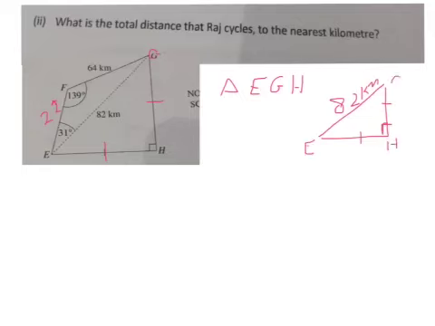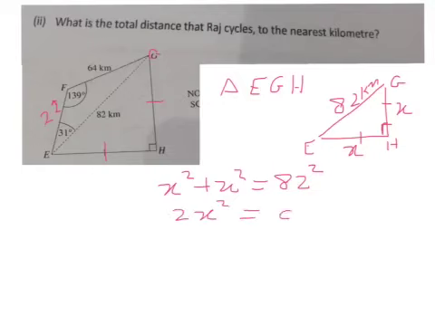and GH. I'm going to say let each one of these sides be x. Then I will apply the formula of Pythagoras theorem. So it will be x squared plus x squared equal to 82 squared. Now, x squared plus x squared, all the students know to collect like terms. So that gives you 2x squared, which equals 82 squared. Again, x squared would be equal to 82 squared divided by 2.